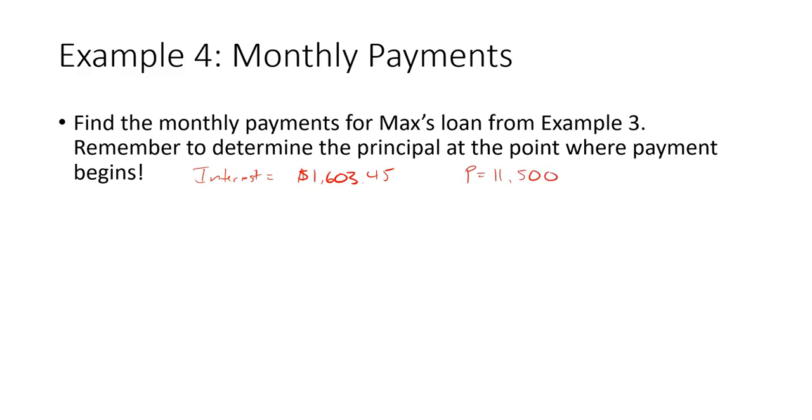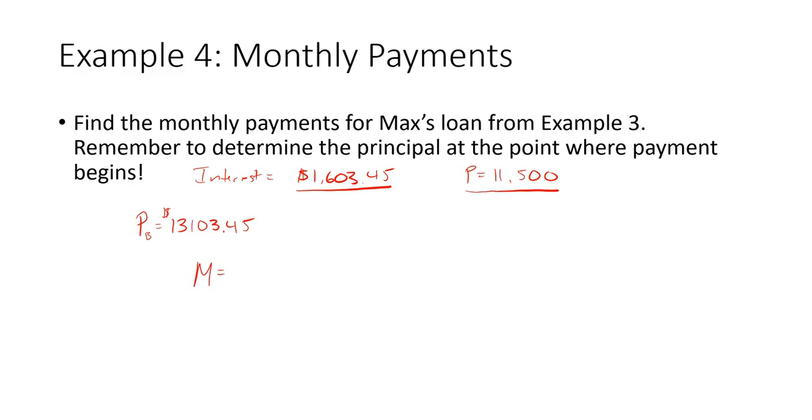And so now when your student loan is starting to be repaid, you have to pay back the amount equal to the principal plus the interest. And so the principal at the point where the payment begins is the sum of those two, $11,500 plus $1,603.45, $13,103.45.